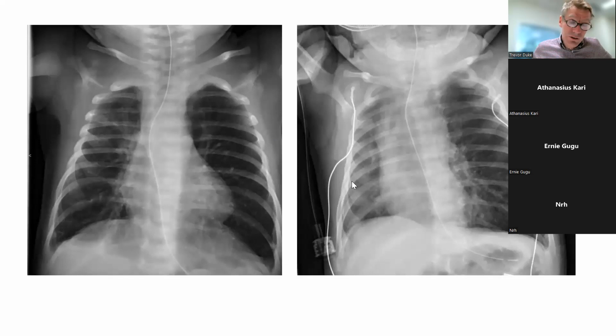This is another child I saw just this week, and I thought it was useful for using the same principles. Just look at the X-ray on the left. What do you actually see? Can someone suggest what you see?